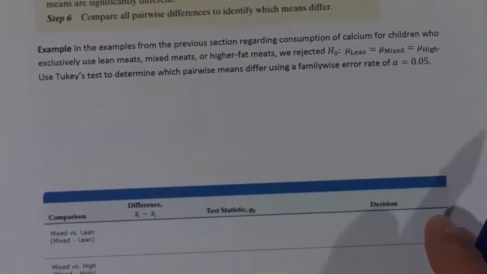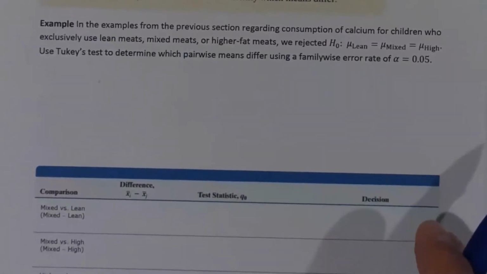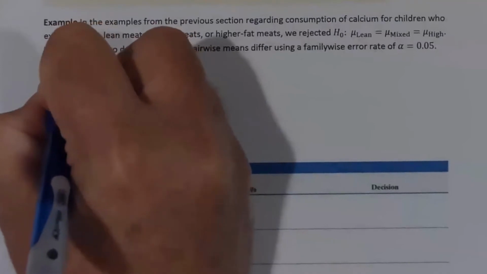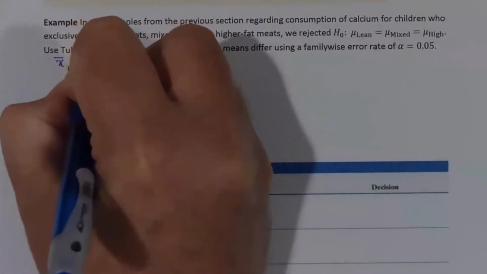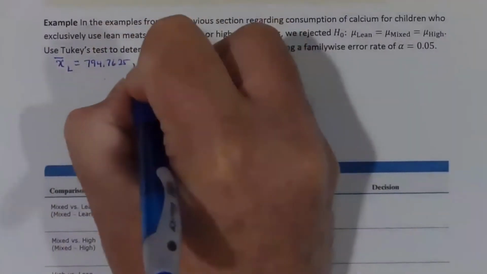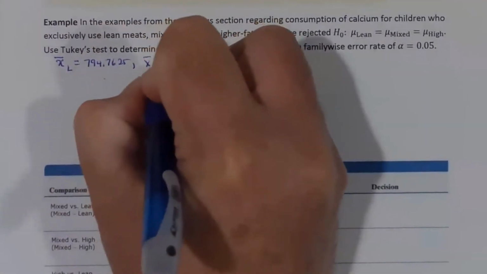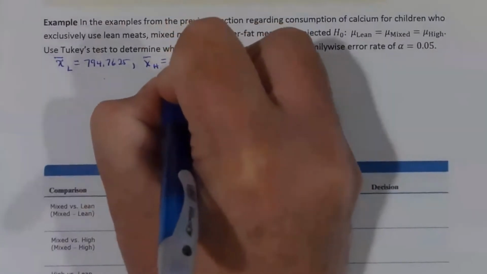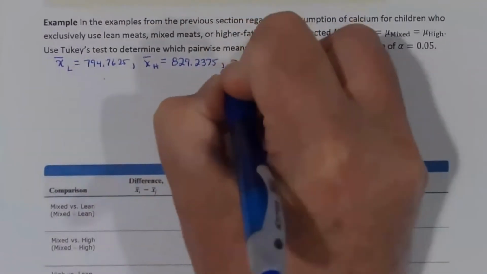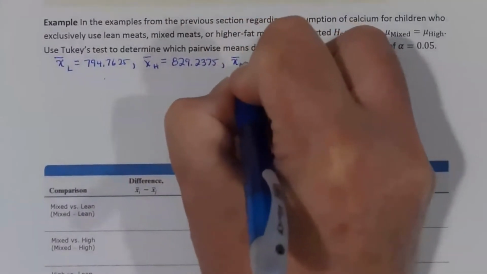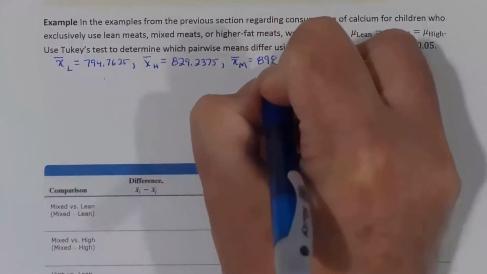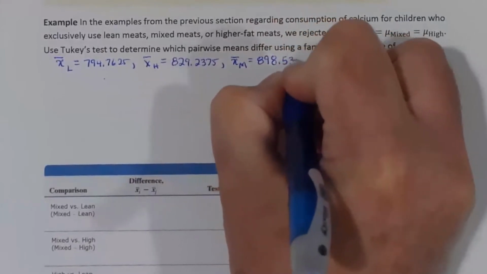So I'm going to just write those down here, and I'm going to write those in ascending order. So X bar for the lean meats is the smallest, and that's 794.7625. X bar for the higher fat meats is the next smallest, that's 829.2375. And X bar for the mixed meats is the largest, it's 898.5375.